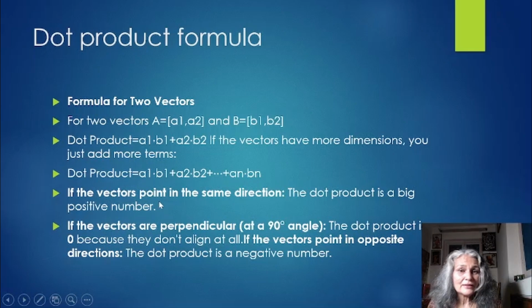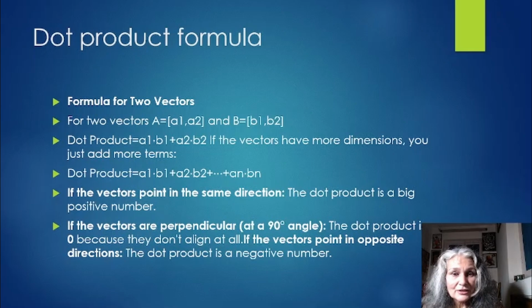If the vectors point in the same direction, this dot product, the arithmetic product, is a big positive number. If the vectors are perpendicular, the dot product is 0 because they don't align at all. And if they point in the opposite direction, obviously, the dot product is a negative number. That makes sense because if the two vectors are perpendicular, there is no possibility of a shadow.